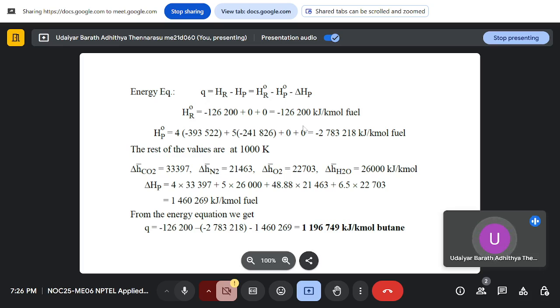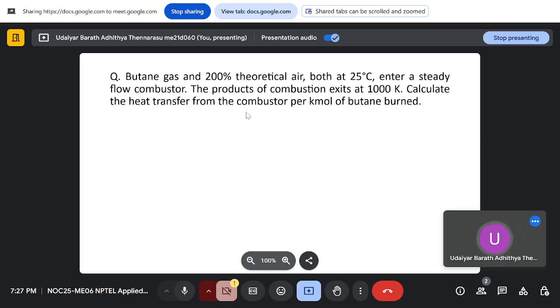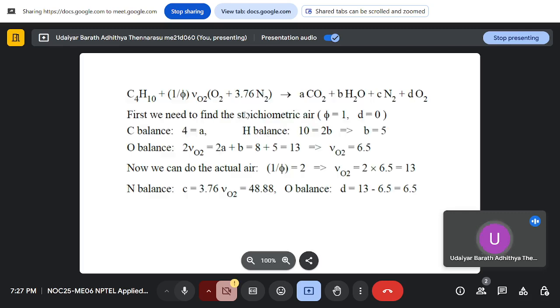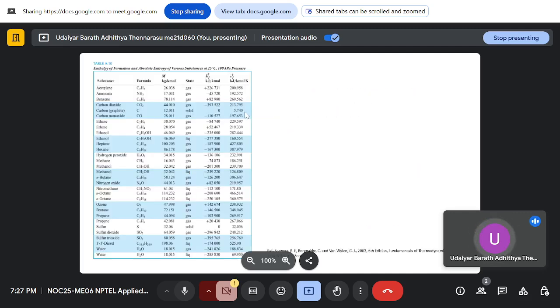So substituting the values here, we get Q as 1196749 kilojoule per kilomole of butane. So that is the heat released, the heat transfer when the butane is burnt.